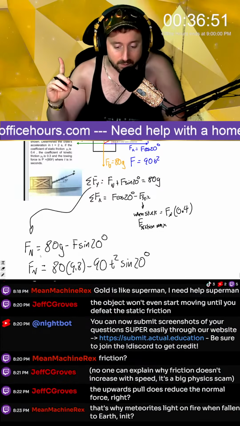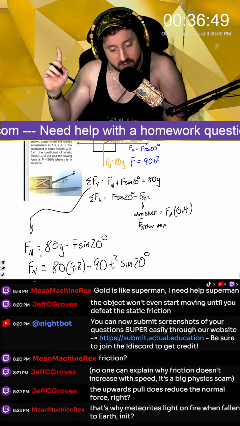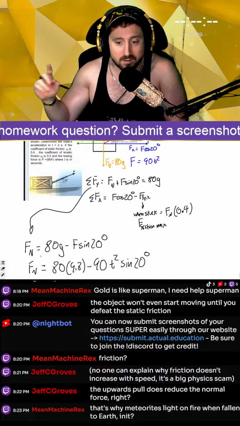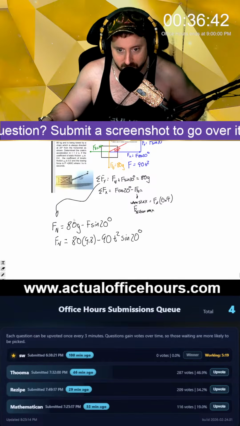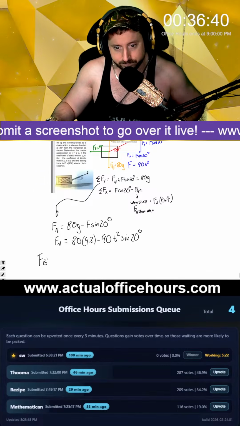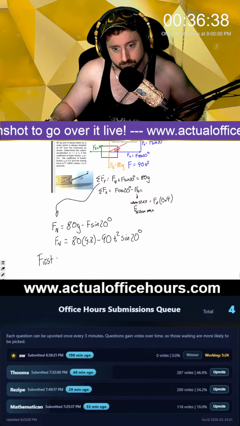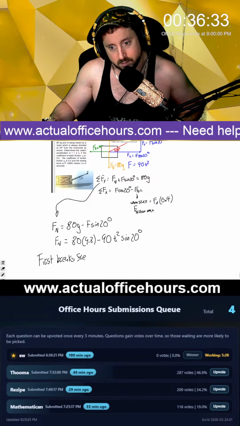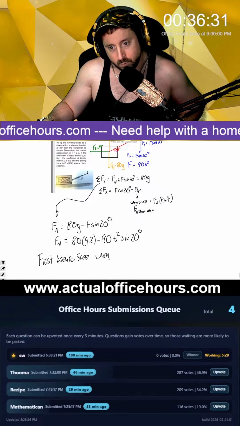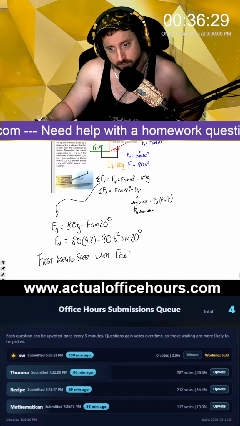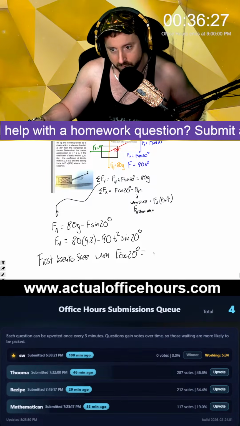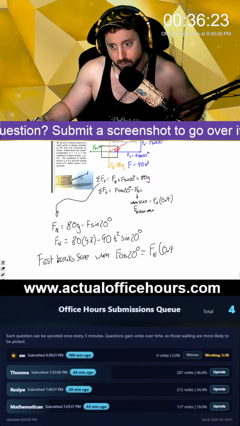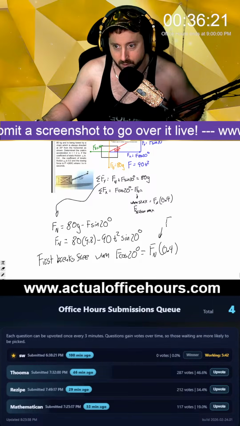Let's figure out the time when it first breaks free. That happens when F cosine of 20 degrees equals Fn times 0.4, because this right here is what I call Fs max.